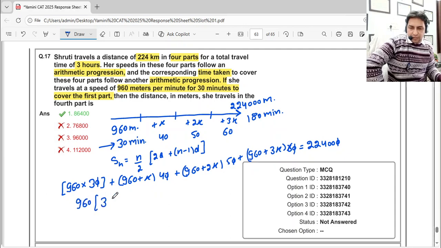We get 3 into 4 plus 5 plus 6, and let's take the x's also now, the 4x plus 5 into 2, 10x plus 18x.